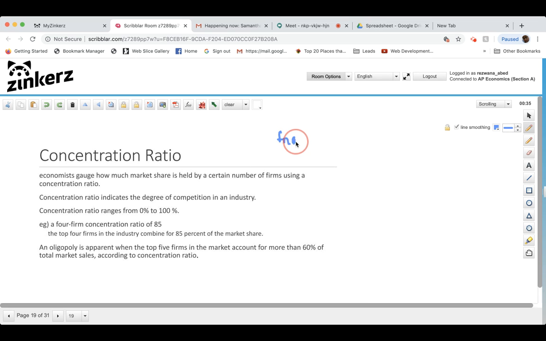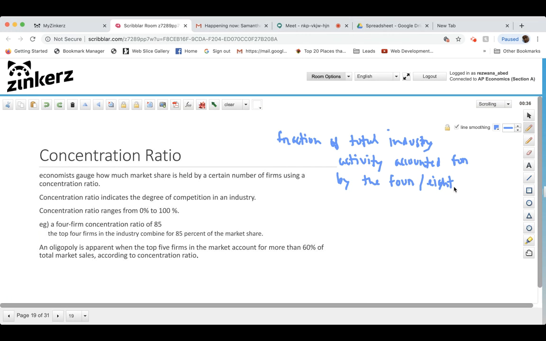accounted for by the four, or sometimes eight, largest firms in the market. Sometimes it's 4, sometimes it's 8.